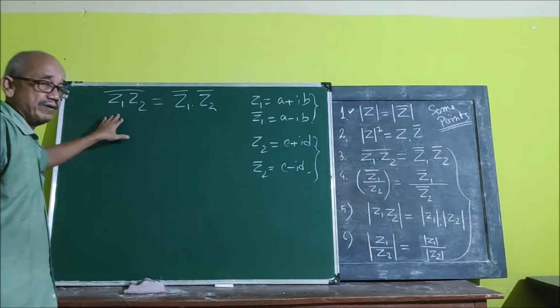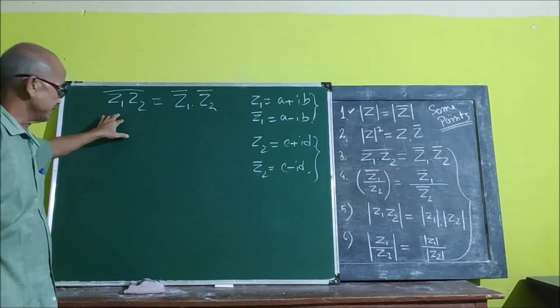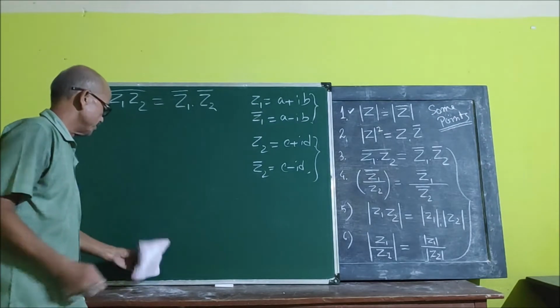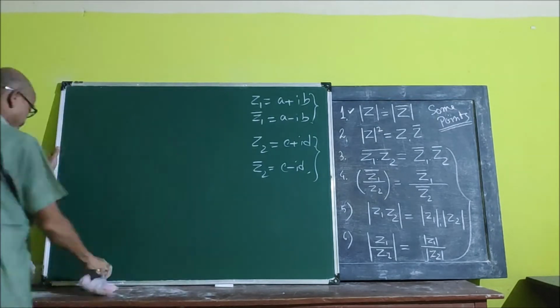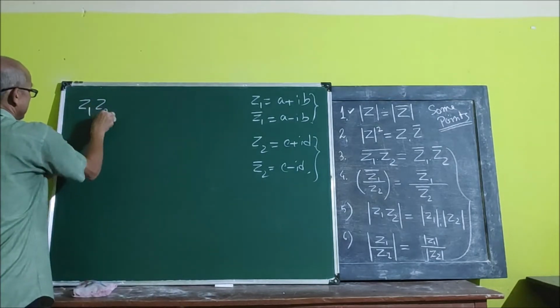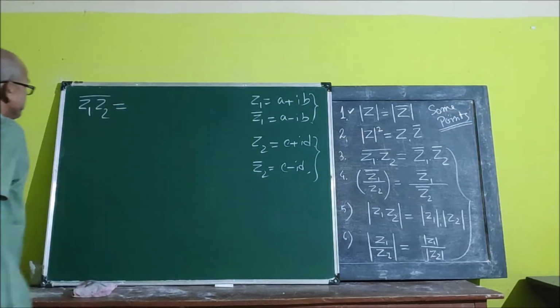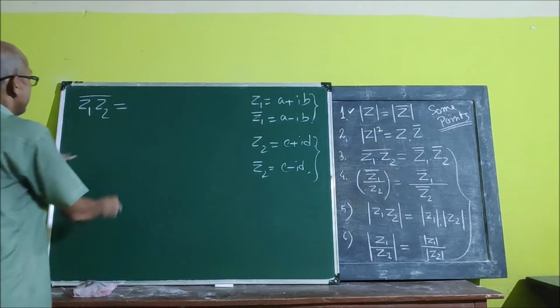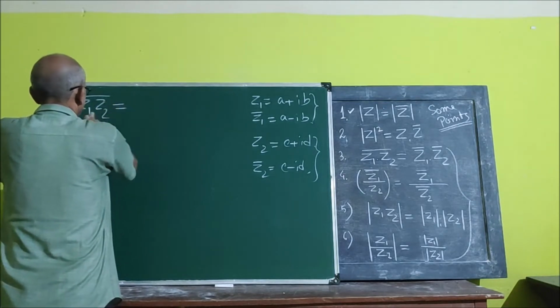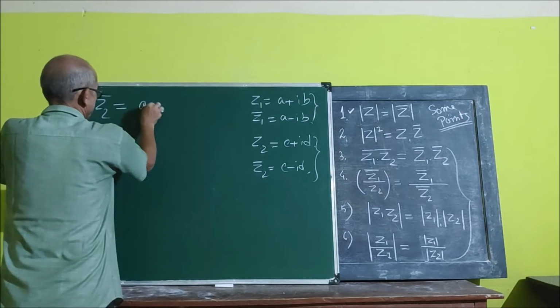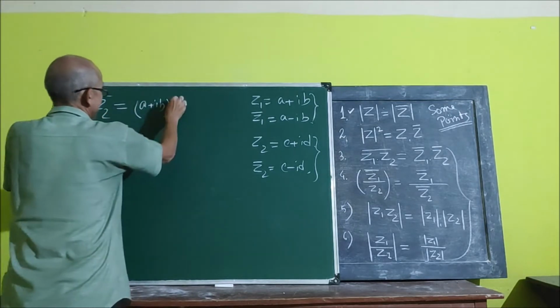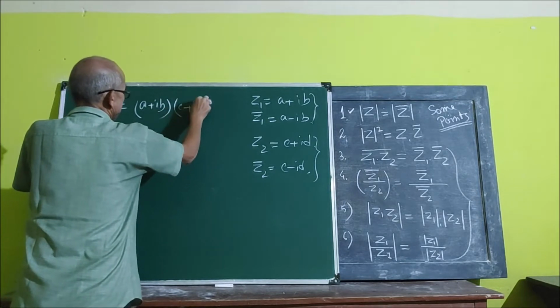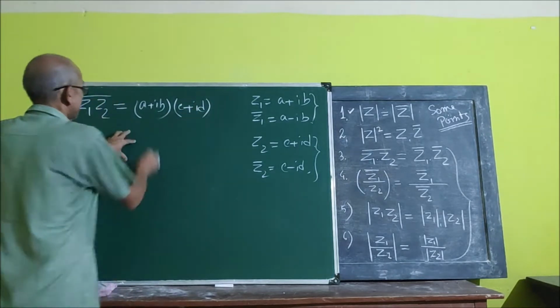Now, from the left hand side, we have the product of a plus ib and c plus id, with the conjugate sign.